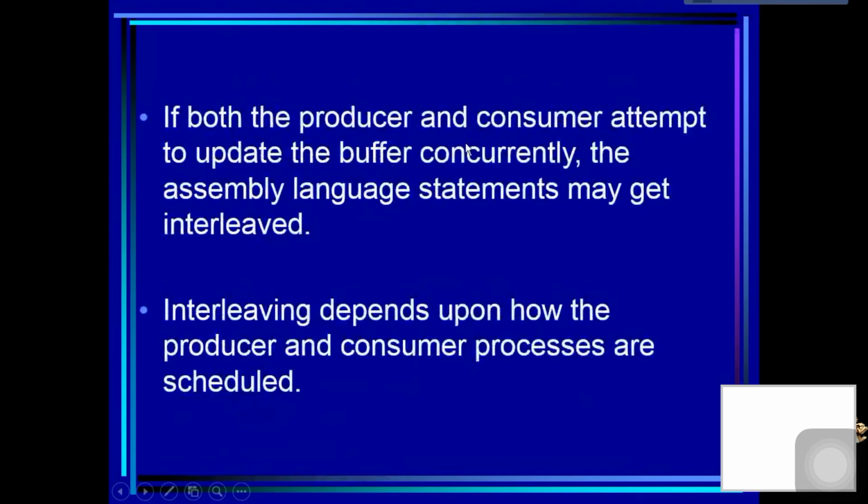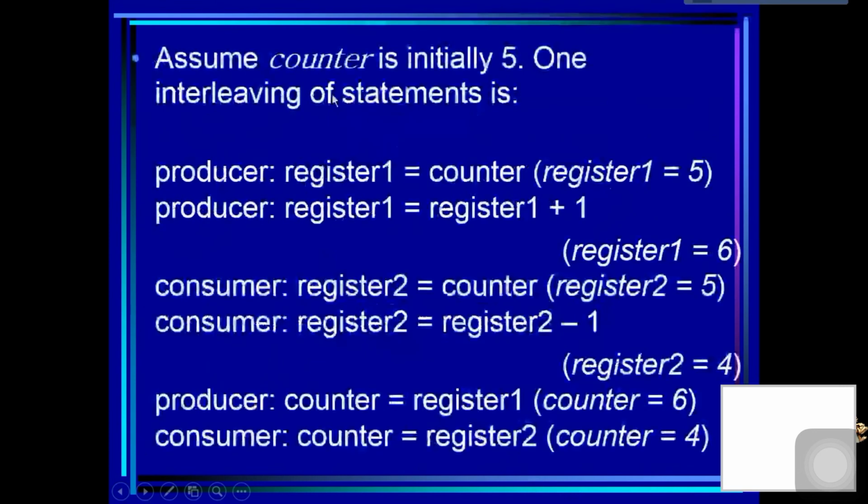If both the producer and the consumer attempt to update the buffer concurrently, the assembly language statements may get interleaved. Assuming that counter is initially equal to 5, one interleaving of statements is like this.